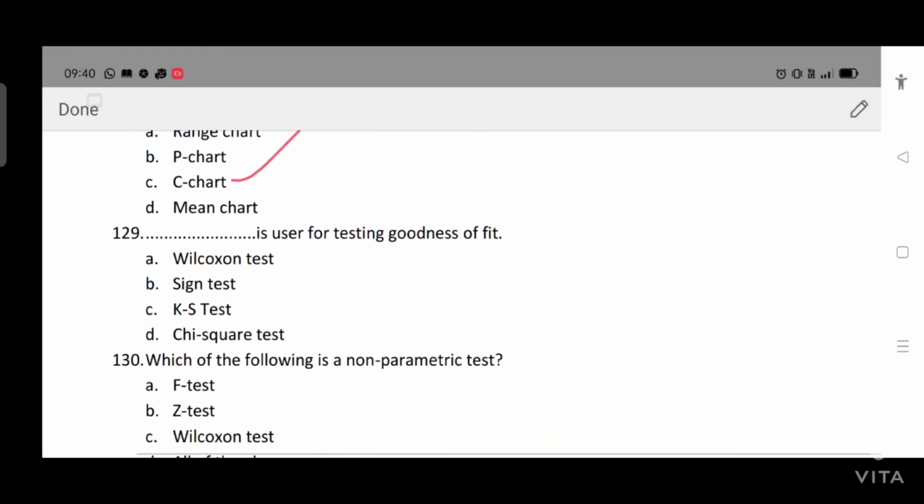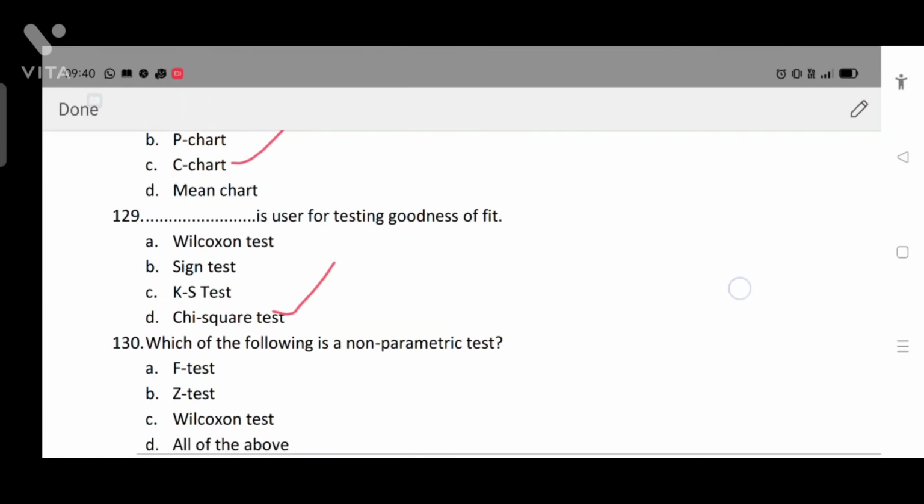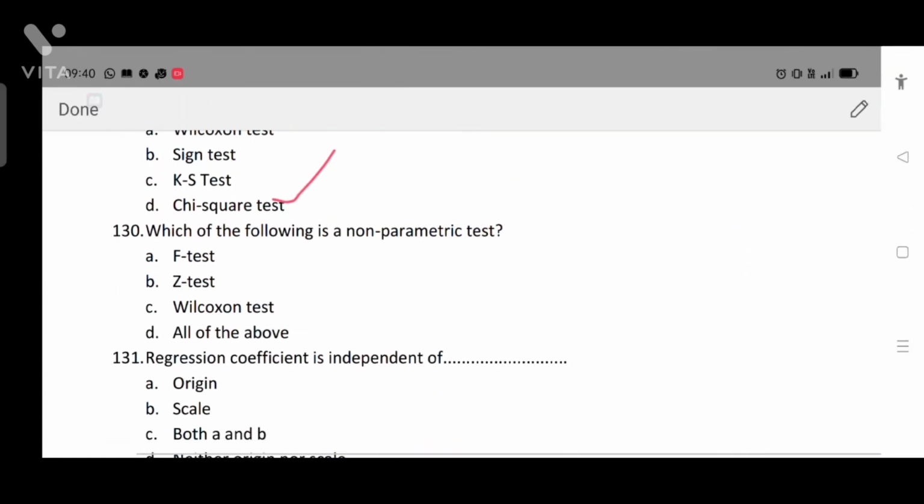Dash is used for testing goodness of fit. 129. A, B, C, D. D the correct answer. Chi-square test. Question number 130.